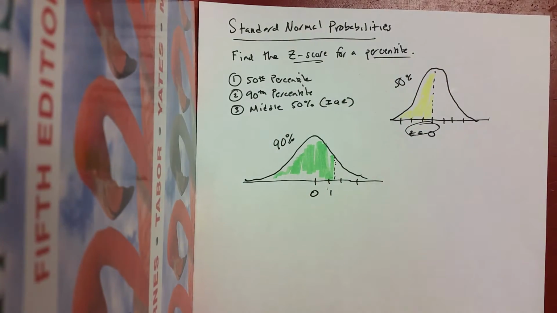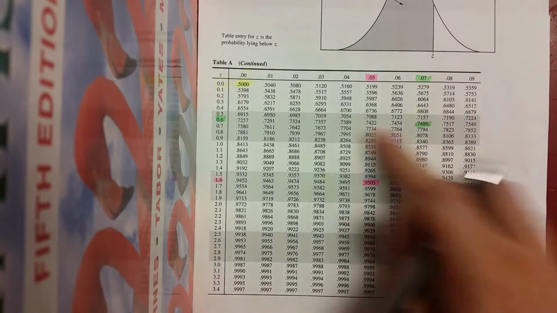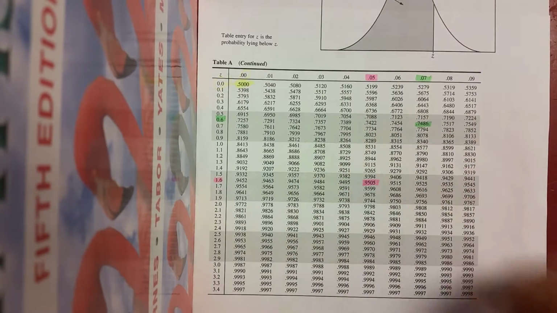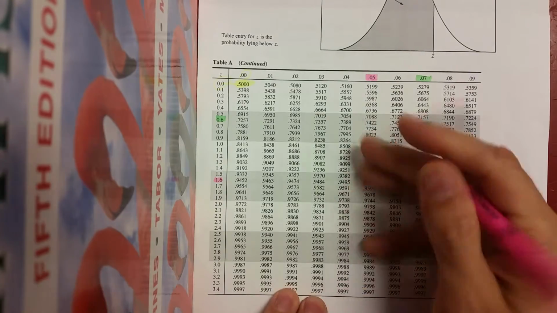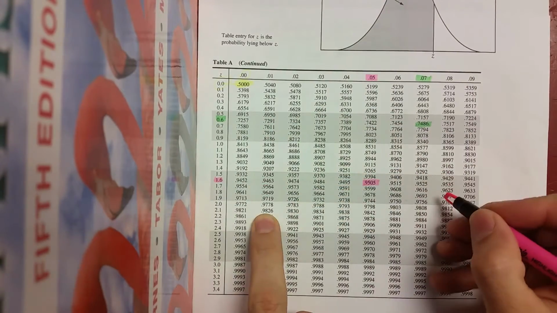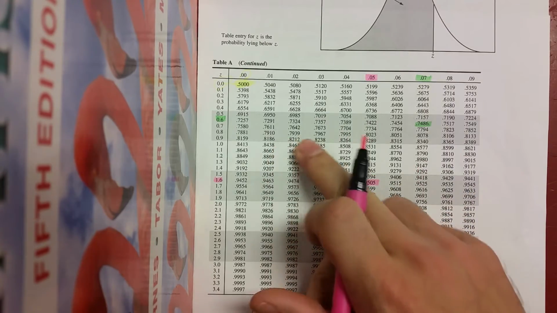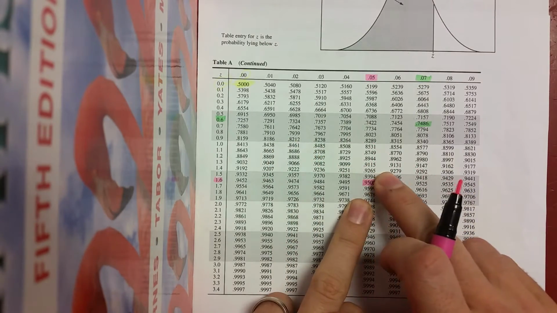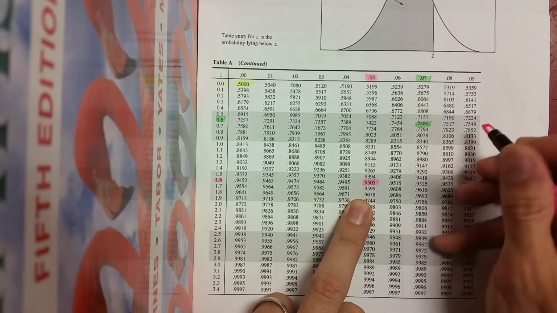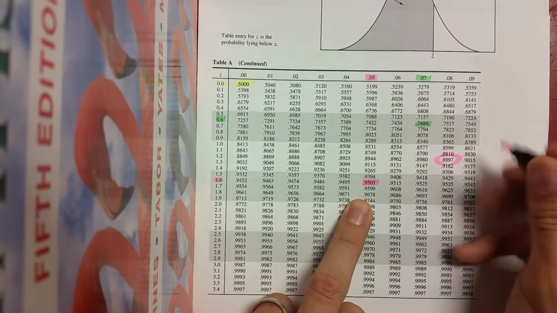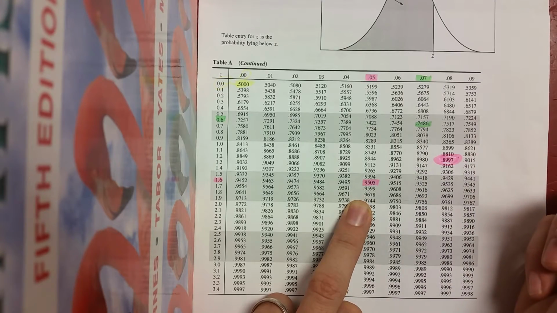So if I want to find the z-score for that, I'll go to my table. Now I have to look for the thing that's closest to 90% in the middle of the table. I'm looking for 90%. Here I see 70s, 80s. Check this guy out, right there: 0.8997.